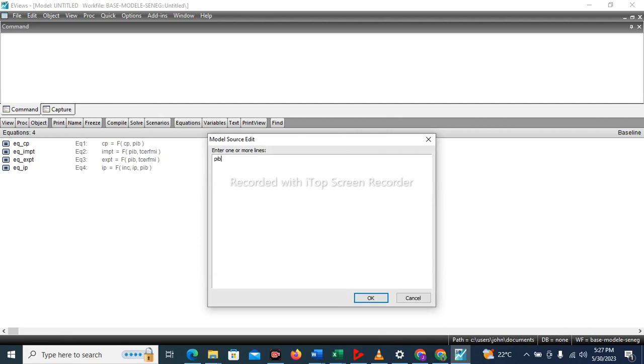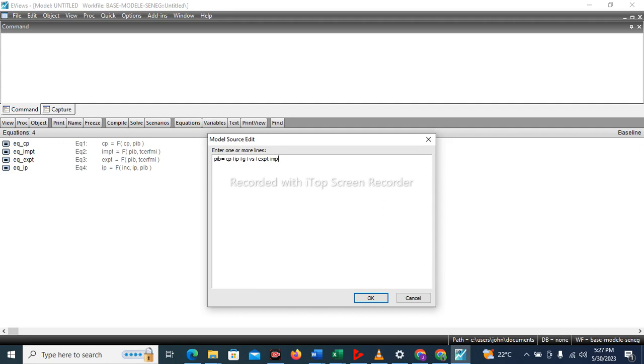PIB, which is gross domestic product, is equal to private consumption plus private investment plus government expenditure or public expenditure, sorry, plus change in inventories plus exports minus the imports.